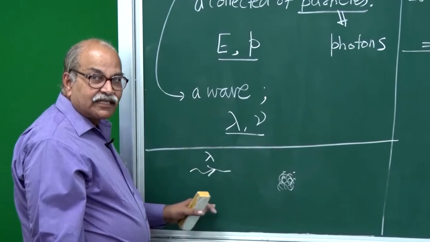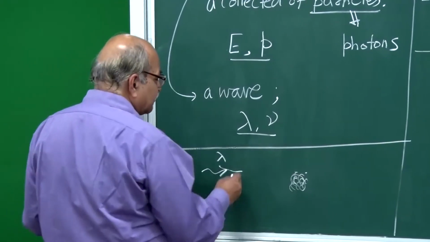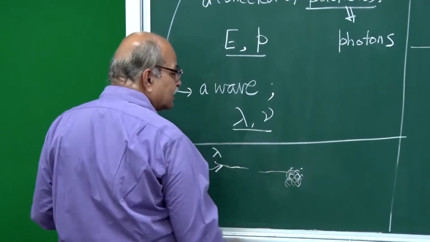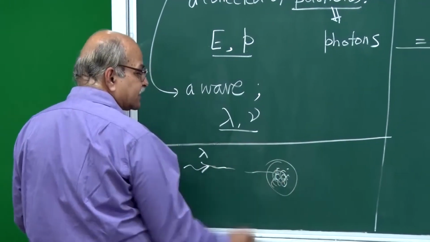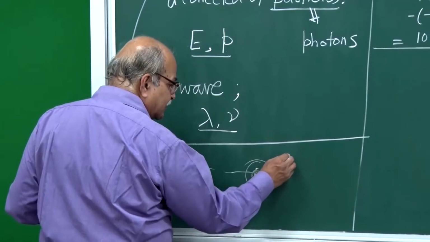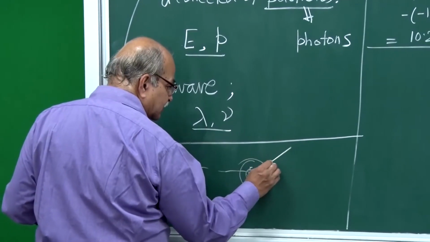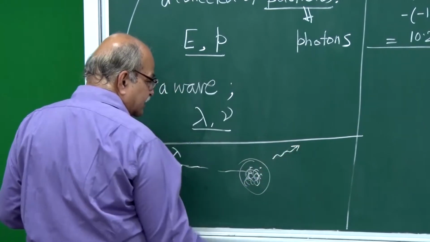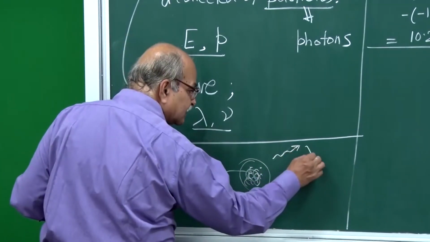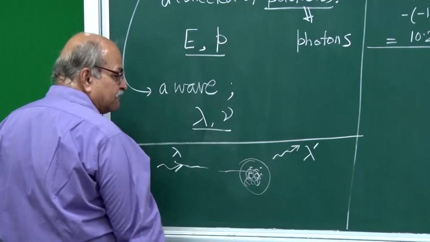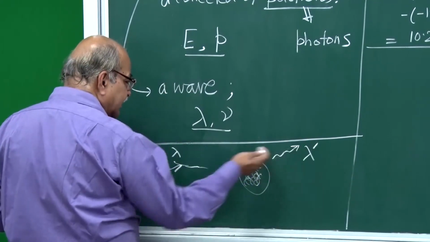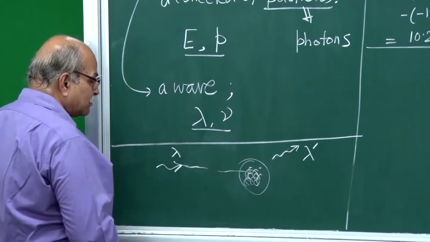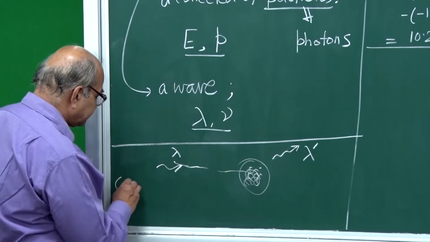Generally this is done with X-rays. So, some wavelength lambda, that X-ray falls on this system, and on the other side it emerges as X-ray of wavelength lambda prime, which is slightly larger than this wavelength. This is known as Compton scattering.